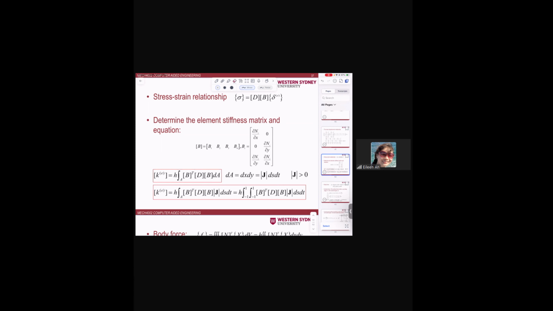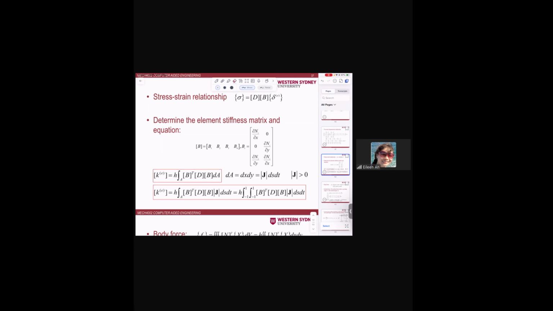When we assemble different elements together to solve the problem, the general equation is this one. The stiffness K equals H times the integration through the whole area, B transpose times D times B, dA. But as I mentioned many times, those shape functions are given in the S and T coordinate system. The ST coordinate system is the favorite one.